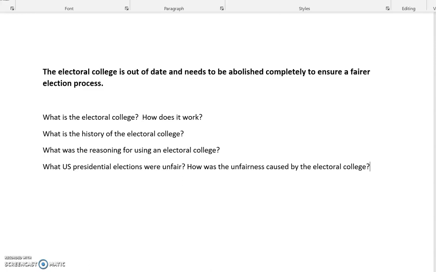It started being a big problem when George W. Bush beat Al Gore in 2000, and he had a minority of the popular vote. In other words, Al Gore had more votes than Bush, but Bush won because of the Electoral College. And that was when we first started hearing, we need to do away with the Electoral College.